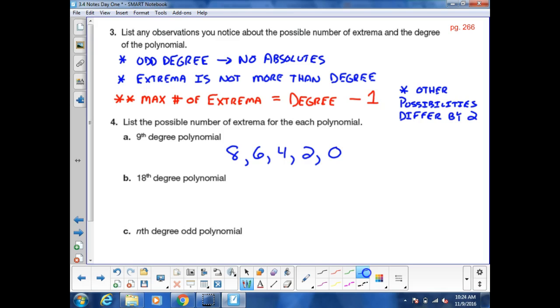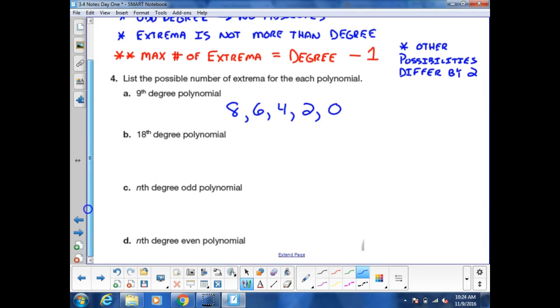Okay. My degree is 18. What's the most extrema that I can have? 17. What's the next possible? 15. Next. 13. Next. 11. 9. 7. 5. 3. And 1. Can I go any further? Nope, because that one's got to turn because it's even. So they have to be ending up going in the same direction. So it's got to turn at least once. Okay?